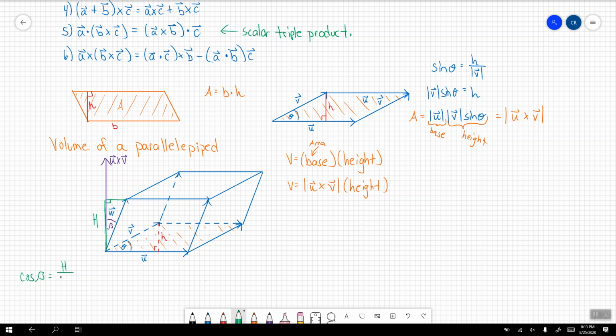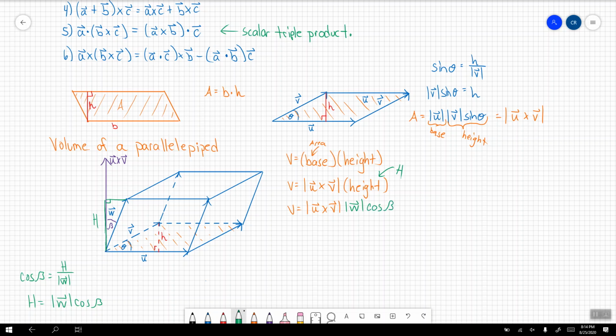But the hypotenuse is just the magnitude of w, which means the height can be thought of as the magnitude of w multiplied by cosine of beta. That's awesome, because over here we have the height, H. So we now coincidentally found that height for that parallelepiped, which gets us the magnitude of u cross v multiplied by the height that we just found. What was that height? Well, that height was the magnitude of w multiplied by cosine of beta.